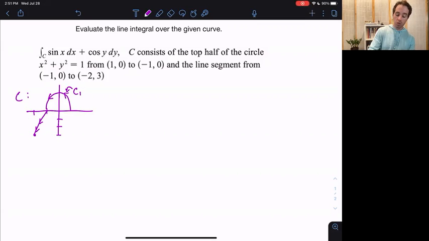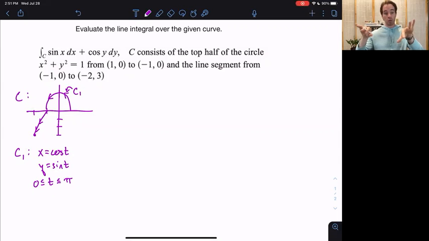Okay, so C1 is going to be x equals cosine t and y equals sine t for t between 0 and pi, because those are the places where we're headed. We're headed from the right-hand pole of the unit circle to the left-hand pole of the unit circle. That's from the 0 position to the pi position, okay?